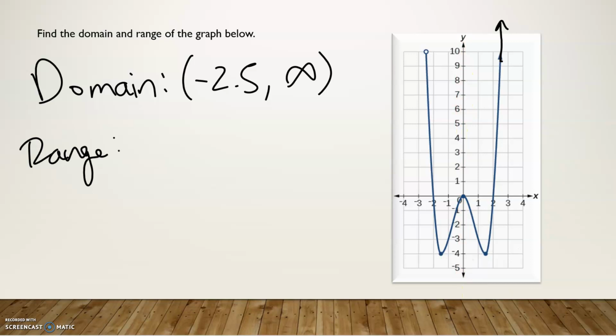Yeah, it looks like -4. And it includes that because of the closed circles right here at the bottom. You've got one here and here. So we'll have a bracket there, and then we're going up to positive infinity for our range.